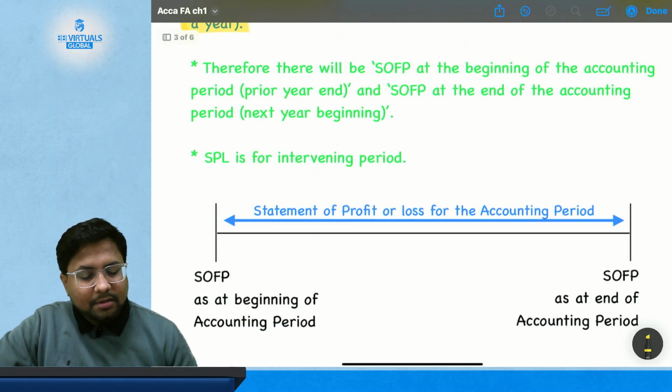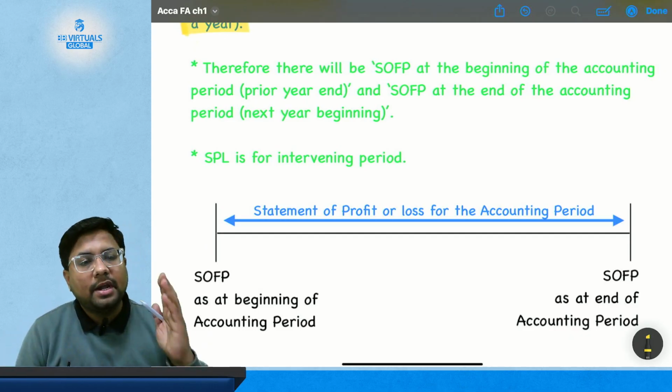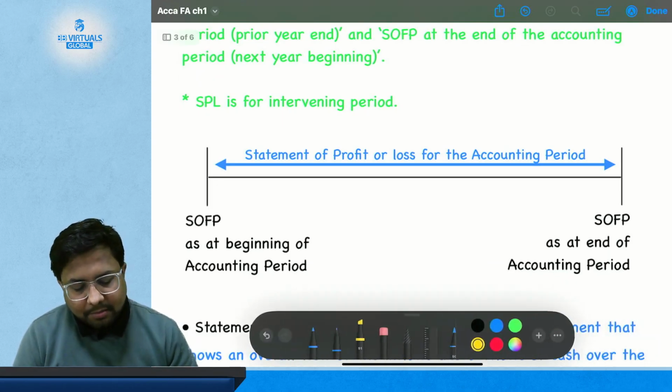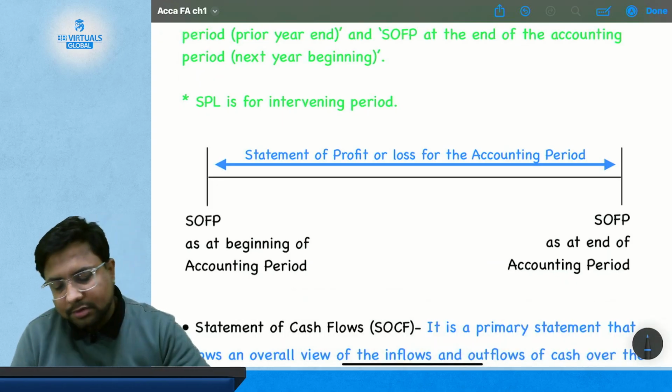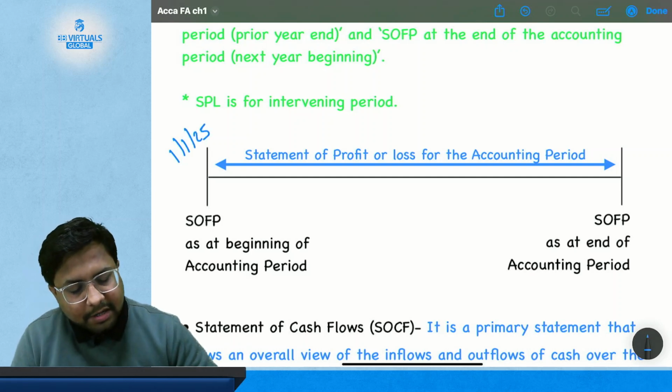In every year, there will be two SOFPs: at the beginning of the accounting period and at the end of the accounting period. By this chart, you will be able to easily understand what I am trying to say. Suppose my year started on 1st of January 2025 and ended on 31st of December 2025.